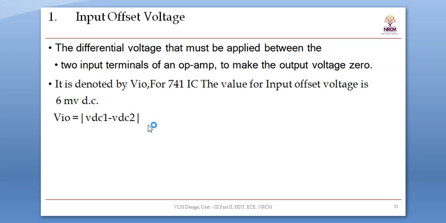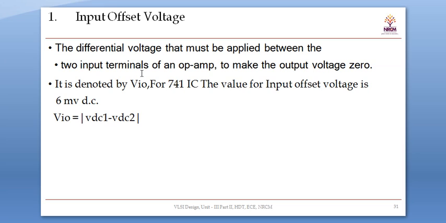To make the output voltage 0, we apply some voltage between the two input terminals, denoted by VIO, between the inverting and non-inverting input terminals. Ideally V0 should be 0 when the same voltage is applied, but practically some voltage is available at the output. To make that voltage 0, we apply some voltage between the two input terminals, and that is called the input offset voltage.